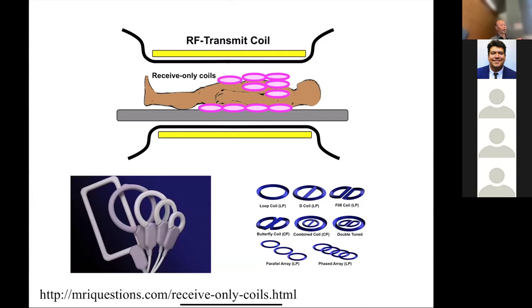It used to be when you had an MRI, there was just one coil, transmit and receive. Now, if you get an MRI done, most likely the body coil is going to transmit, and you'll have lots and lots of these receiver coils picking up the energy. We'll get into why that's the case as we move into the course.